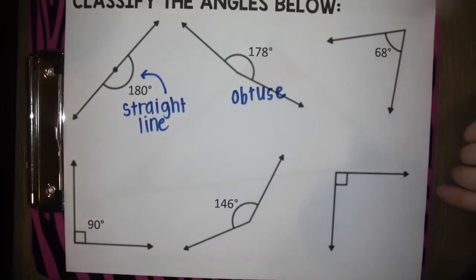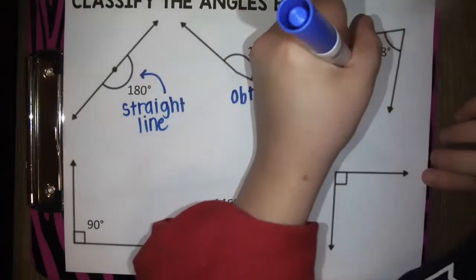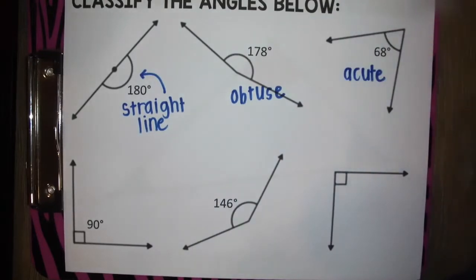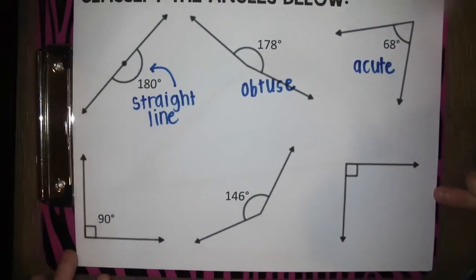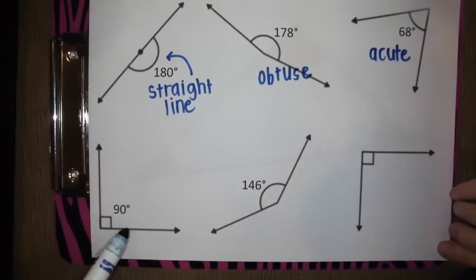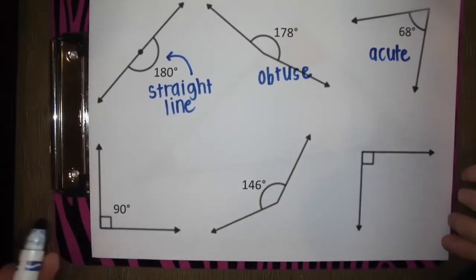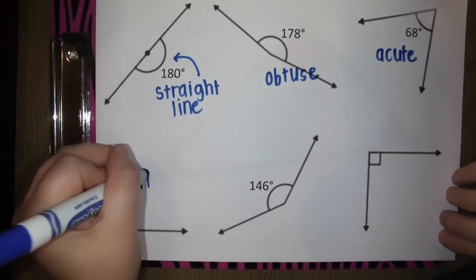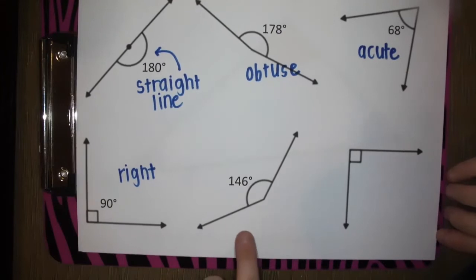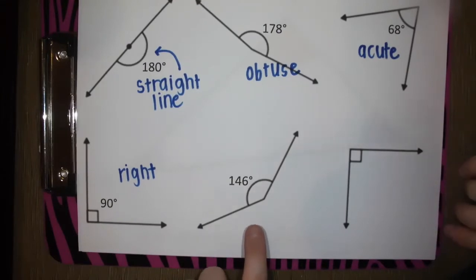Next, we have a 68-degree angle. This is classified as being acute because it is less than 90 degrees. Then we go over here and we have a 90-degree angle, and we should know that all 90-degree angles are right angles. On to the next one, we have a 146-degree angle.